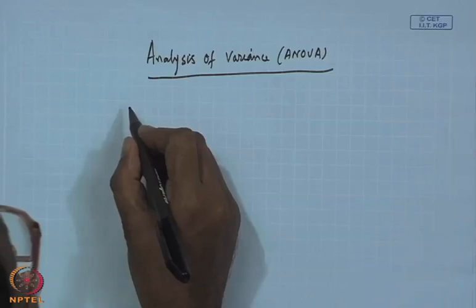In the last class, we discussed the difference between two population means, and in hypothesis testing we covered the equality of population means from the univariate point of view and from the multivariate point of view.